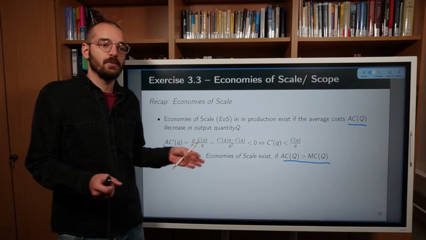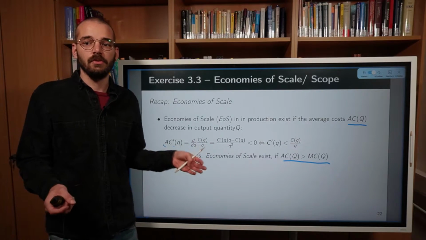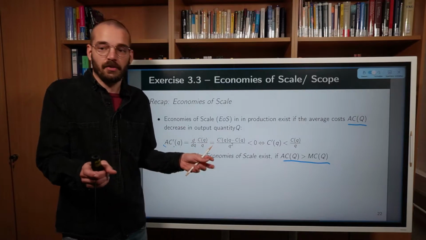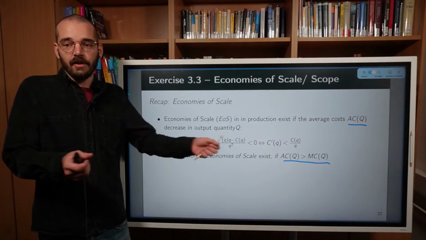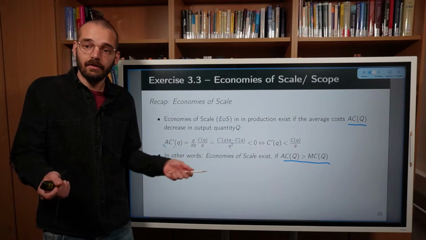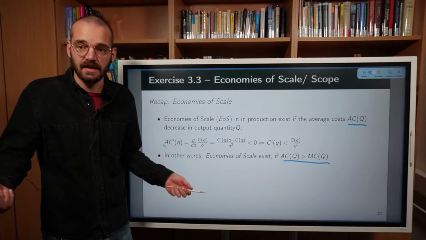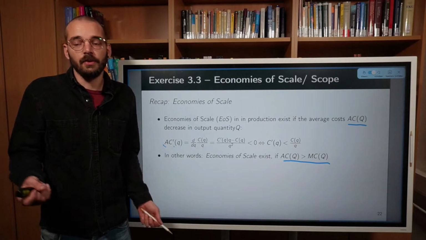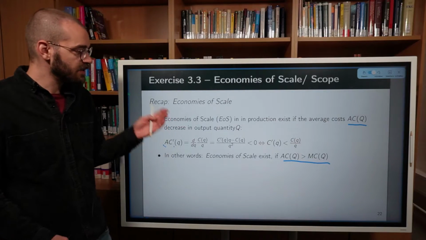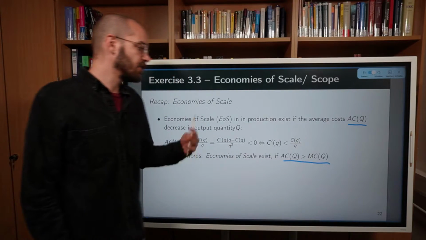Well, then what would happen if you choose to produce an additional unit? Well, if the marginal costs of production are lower than the average cost of production of all things produced so far, then of course the average cost of production will decrease by choosing to produce one additional unit. Okay? So that is what is happening here on an intuitive level.